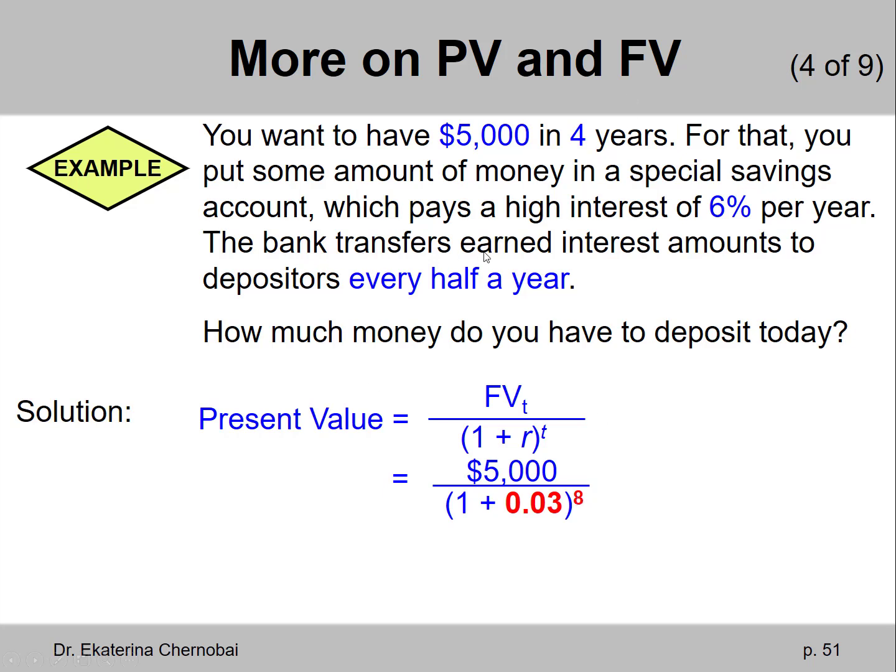Because the bank transfers interest to you every half a year. This means that you wait not 1 year to see more money added to your account in interest, but only half a year, 6 months. And this is important because it actually makes a difference. Because after the first half a year, you have a little bit more.